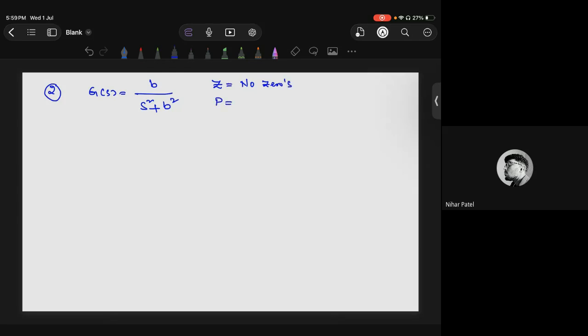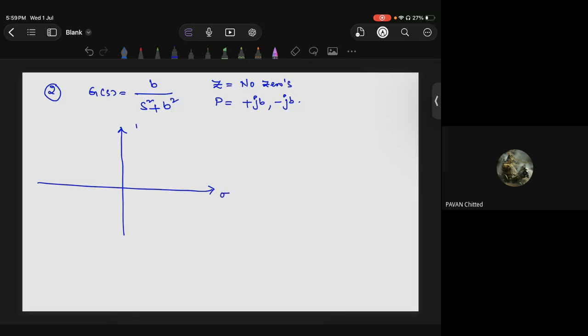Can anyone tell me what are the poles? Plus jb, minus jb. Correct. So simply how we are finding this: make numerator equal to 0 and denominator equal to 0.